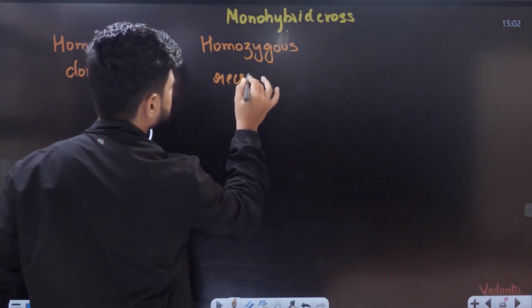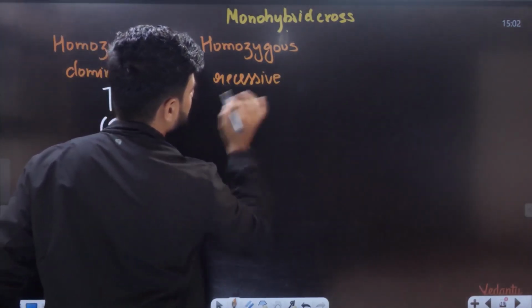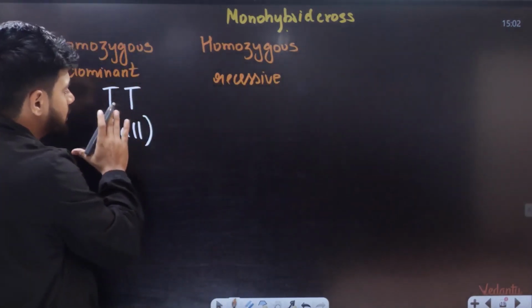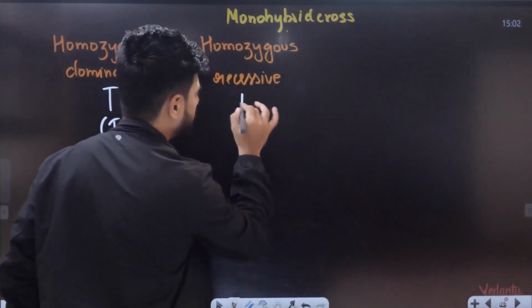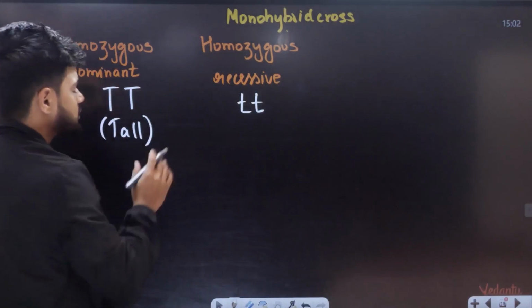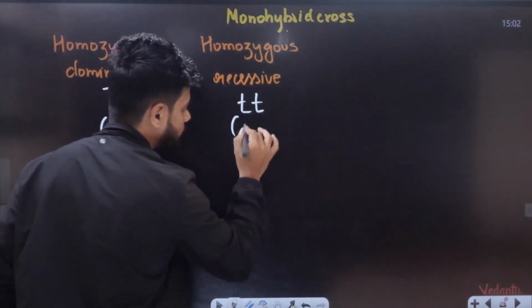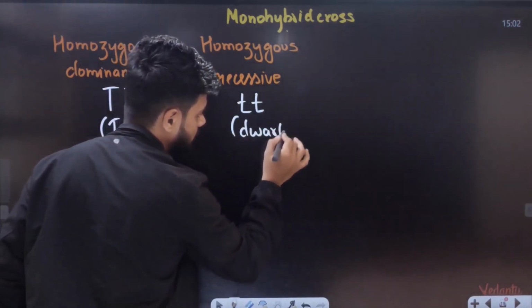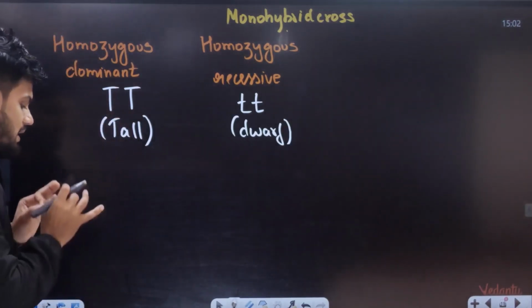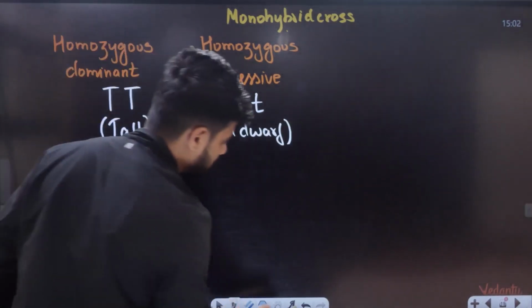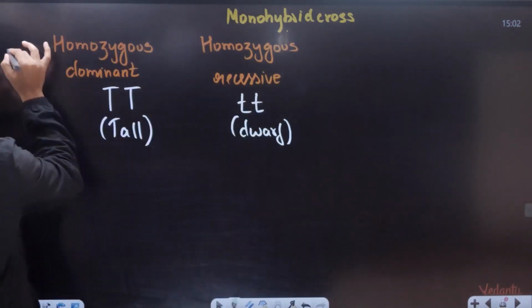Homozygous dominant is capital T, capital T. Homozygous recessive is going to be small t, small t. This one is going to be tall, this one is going to be dwarf in nature. Homozygous dominant, homozygous recessive. This is the selection of parents.